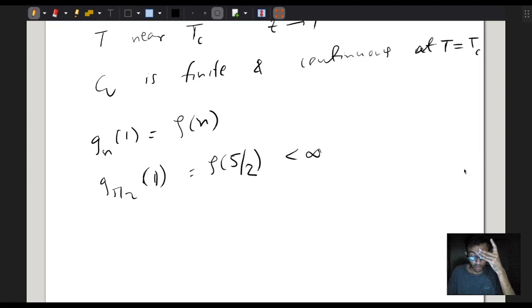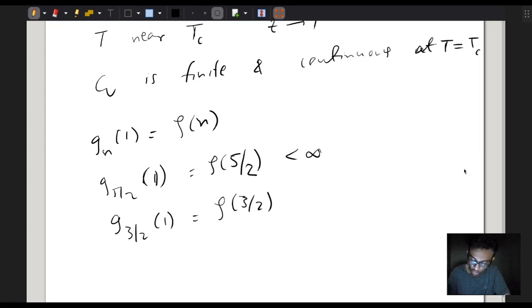This infinite sum will converge, and similarly g3 by 2 of 1 is Riemann zeta of 3 by 2. This also is finite, so it converges.